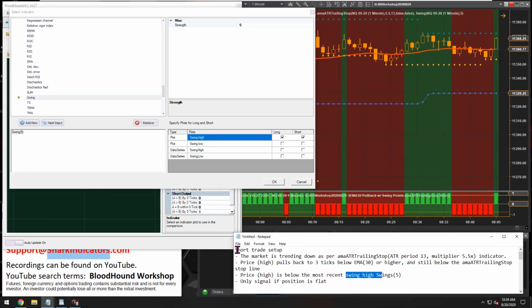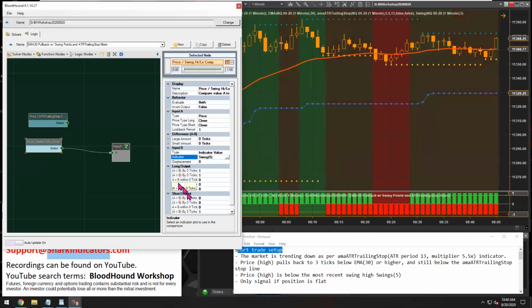And that's for a short trade setup, right? So we're going to use the swing high for shorts. And so that means we must be using the swing lows for longs, right? So if we just simply reverse things. So there we go. Swing high is used for generating short signals. Swing low is being used for long signals.